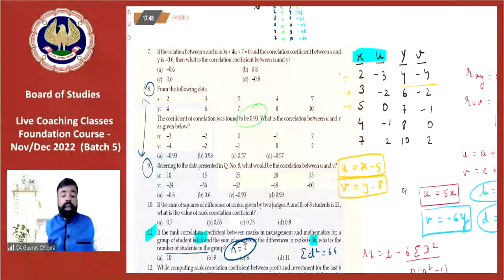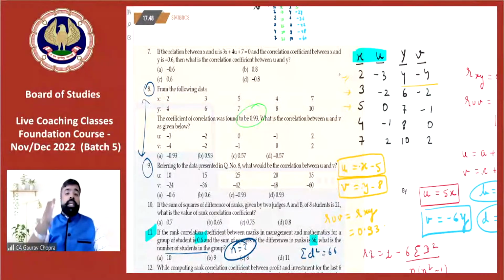Correlation. We have to find out between U and V. So since X and Y have coefficients of +1 and +1, both have a positive sign. Therefore, RUV will be the same as RXY, that is 0.93, with the same sign. So the value will always remain the same, only the sign may vary.